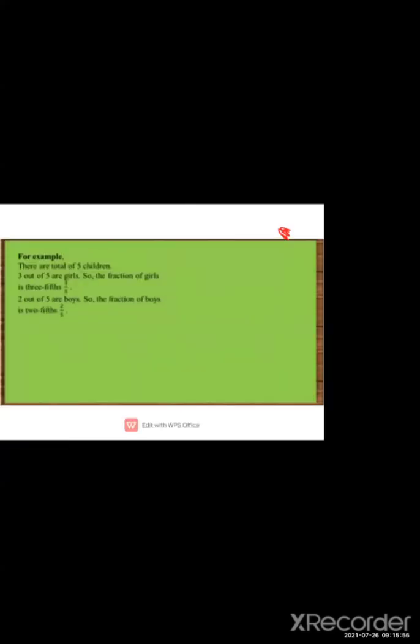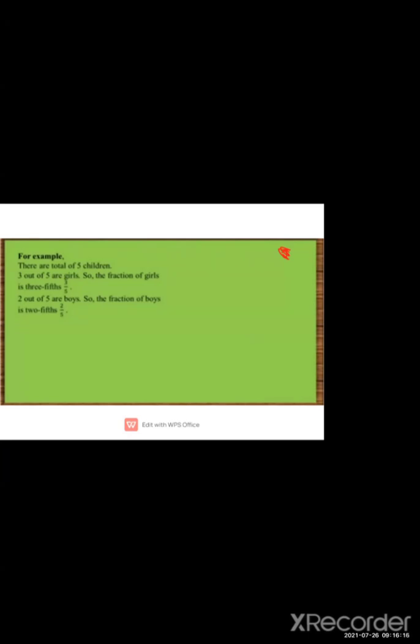For example, see here, there are a total of 5 children. How many? 5 children. Okay, 3 out of 5 are girls. So the fraction is 3/5, that is 3 upon 5. How?